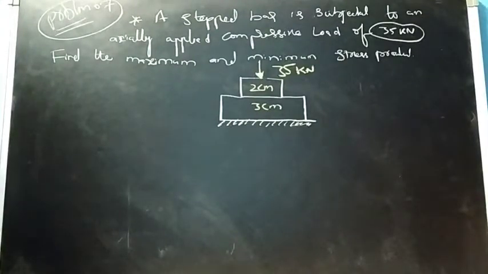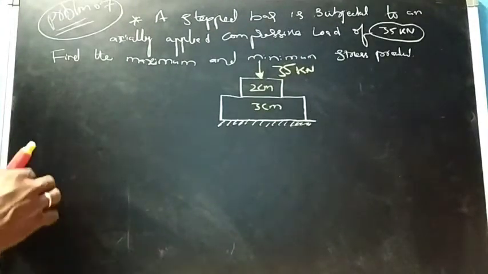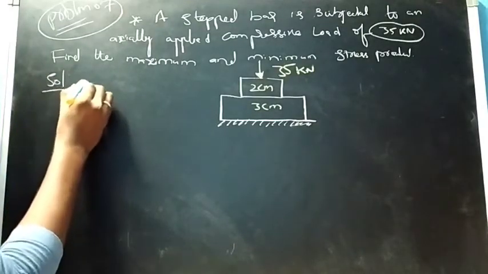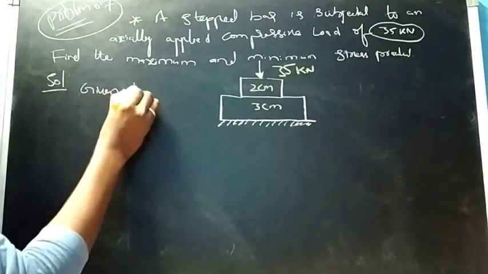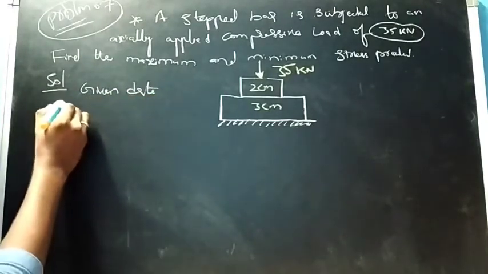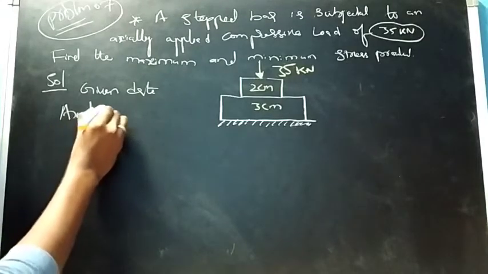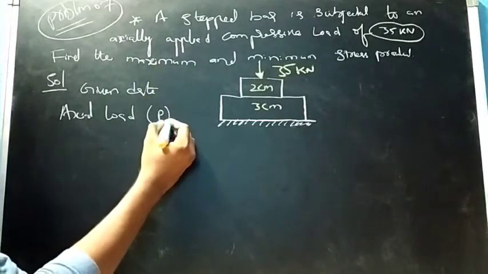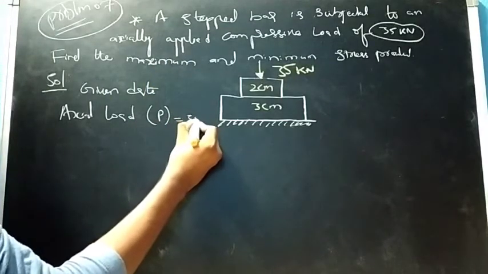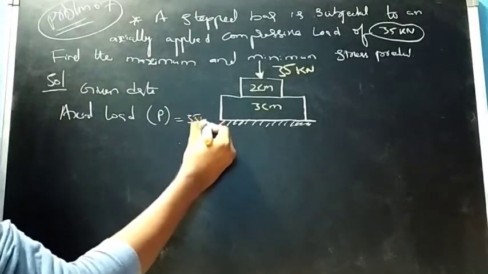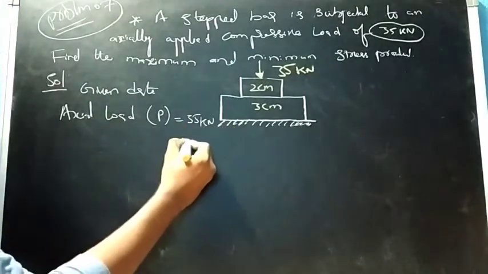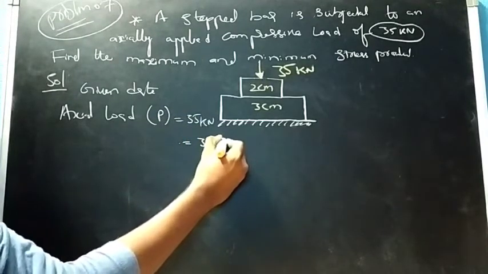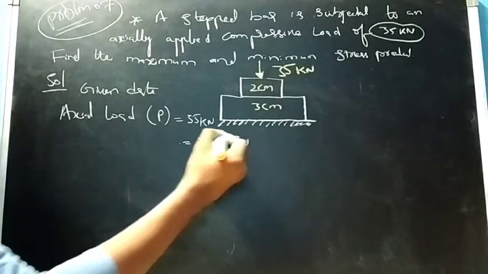We'll try to write the given data. So axial load is given, that load P is 35 kilonewton, right? So kilonewton will convert into newtons: 35 into 10 to the power of 3 newtons, right?